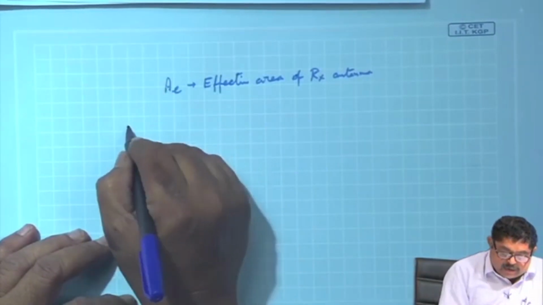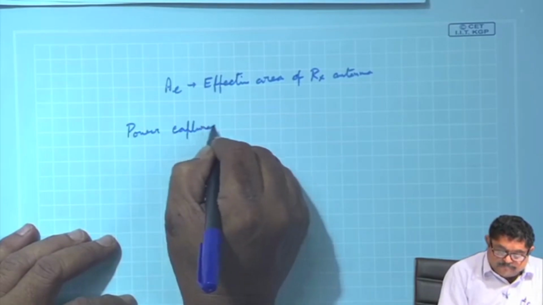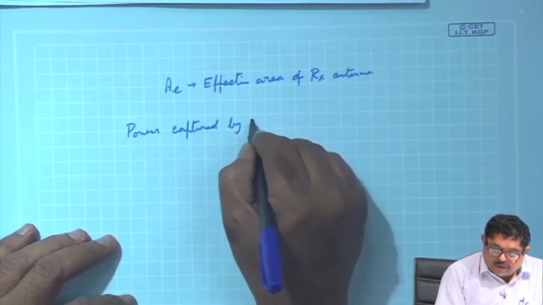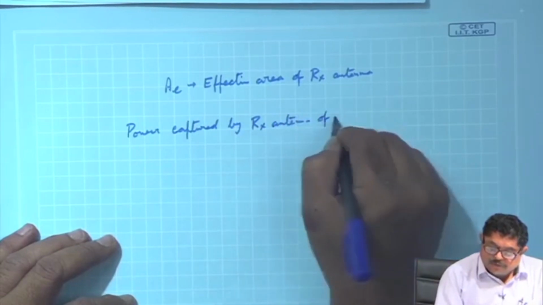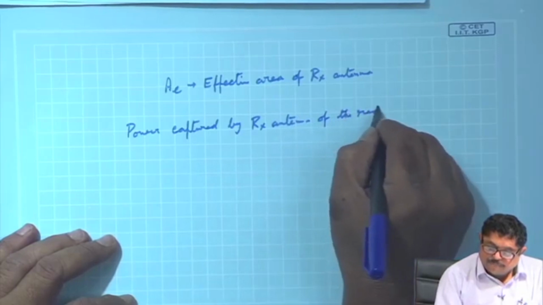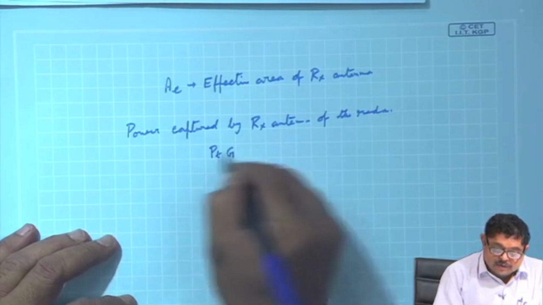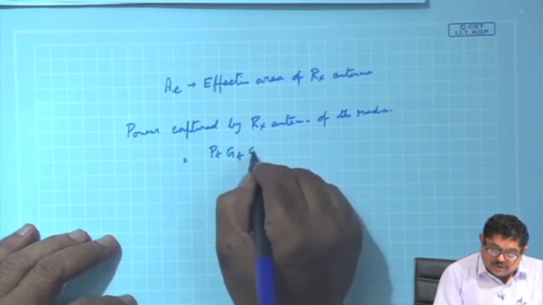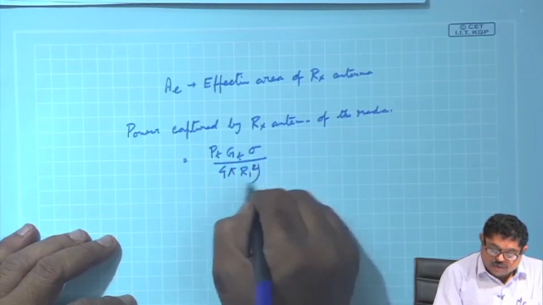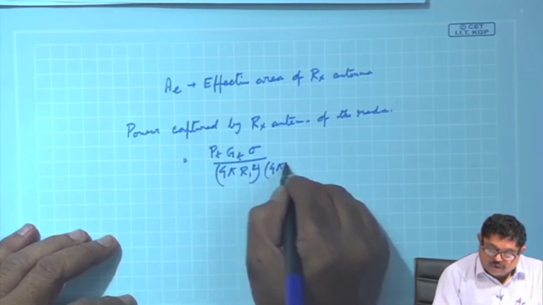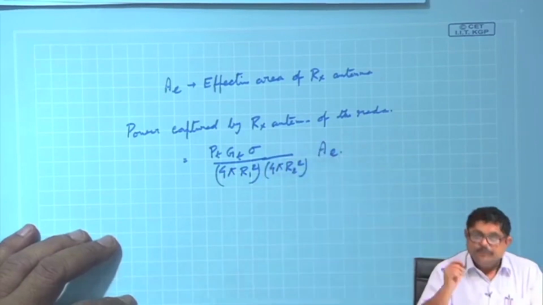I can say the power captured by the receiving antenna of the radar will be PT GT sigma by 4 pi r1 square into 4 pi r2 square into AE.